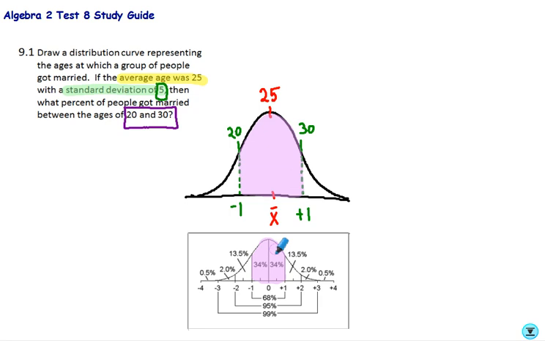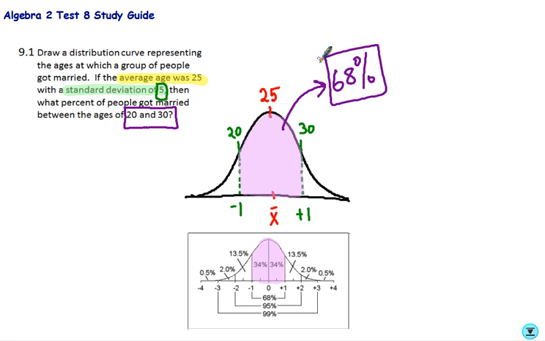So one standard deviation away from the average represents 68%, right, 34 and 34, which makes 68%. So this area represents 68%, which means that 68% of people got married between the ages of 20 and 30. Not all of them, but a large chunk of them did.